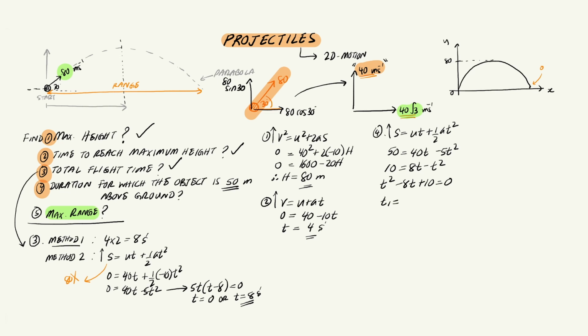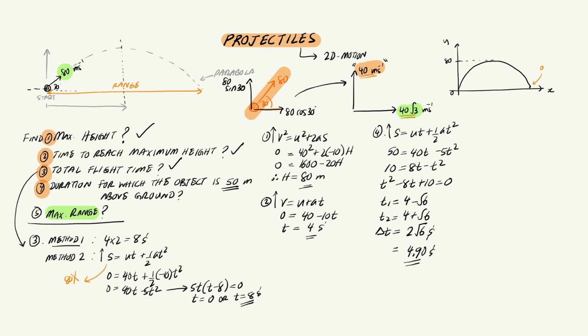Solving this gives us two values for t. T equals 4 plus the square root of 6, or t equals 4 minus the square root of 6. The duration above 50 meters is the difference between these two times. Delta t equals 4 plus the square root of 6 minus 4, minus the square root of 6, equals 2 square root of 6. Converting to a decimal. Remember, never leave your final answer as a surd.